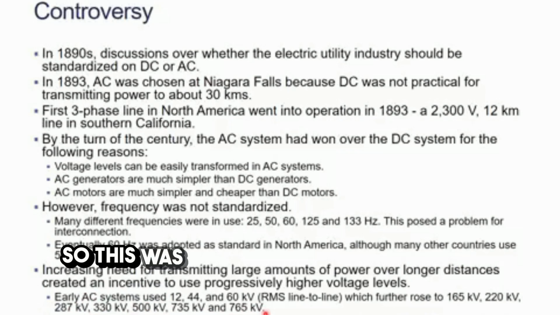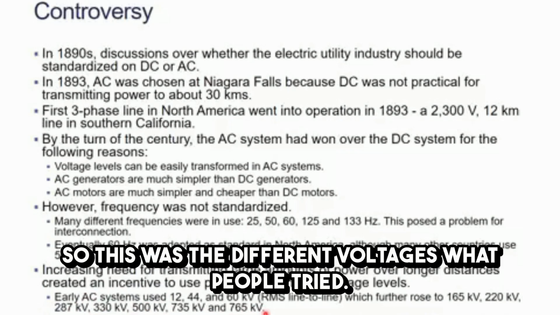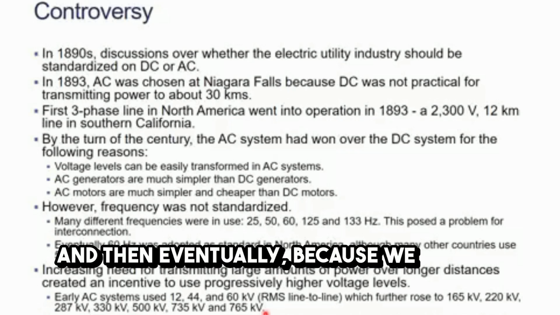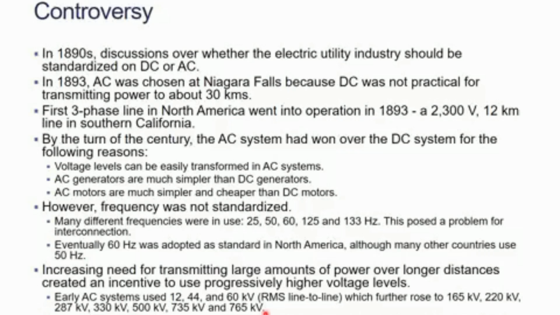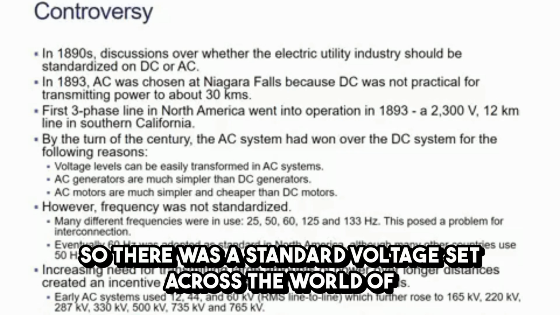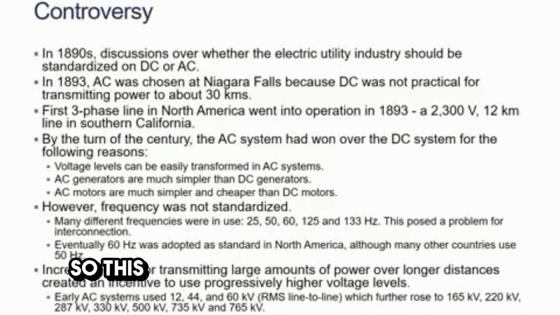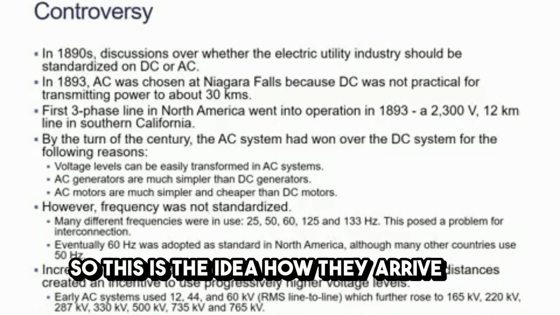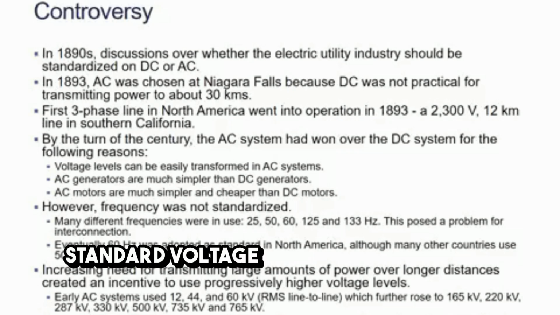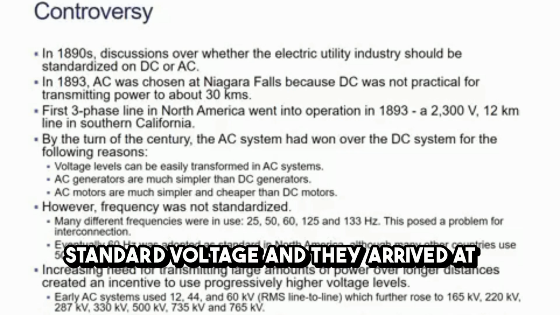So these were the different voltages people tried. And then eventually, because we have to arrive at a standard, a standard voltage set was adopted across the world: 765 kV, 400 kV, 220 kV, 132, 110, and so on. So this is the idea of how they arrived at a standard voltage and a standard frequency.